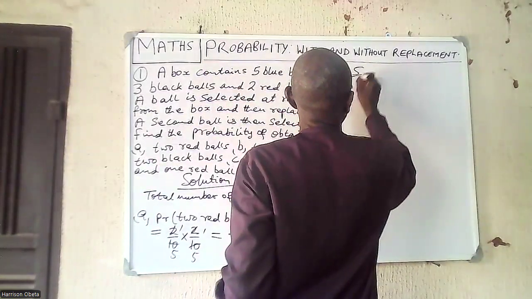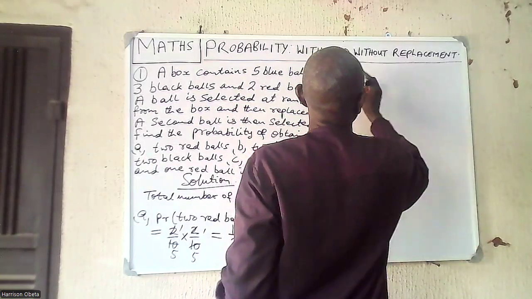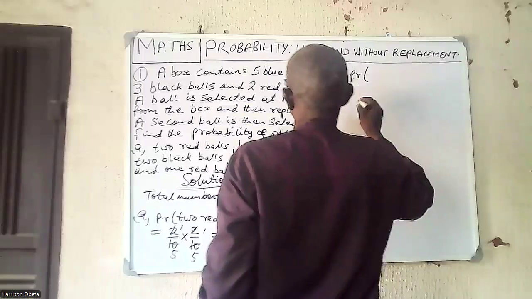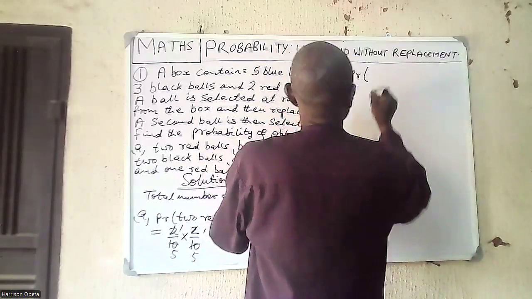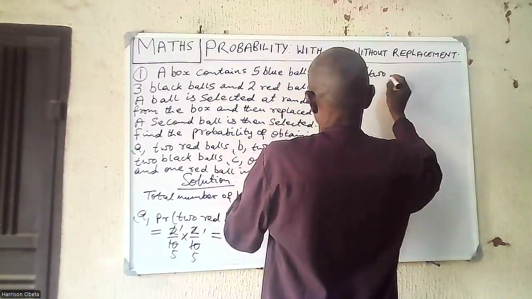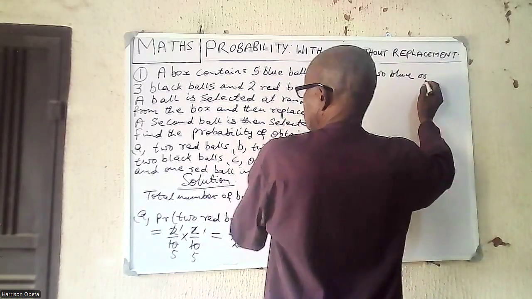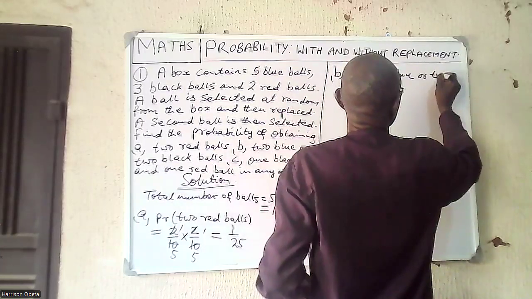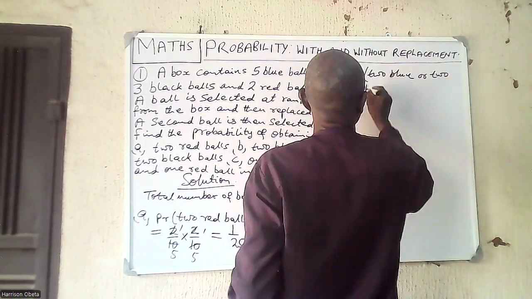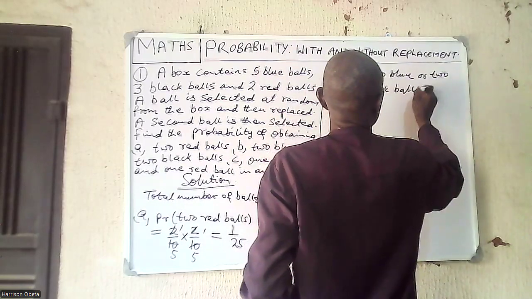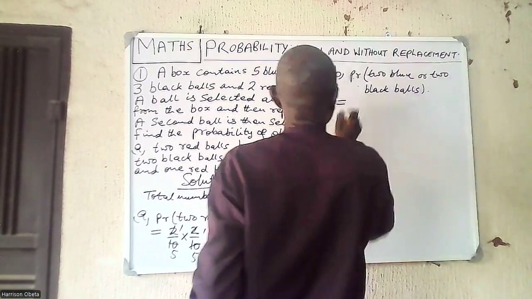First one, 5/10. We're talking of the probability of picking 2 blue or 2 black balls.